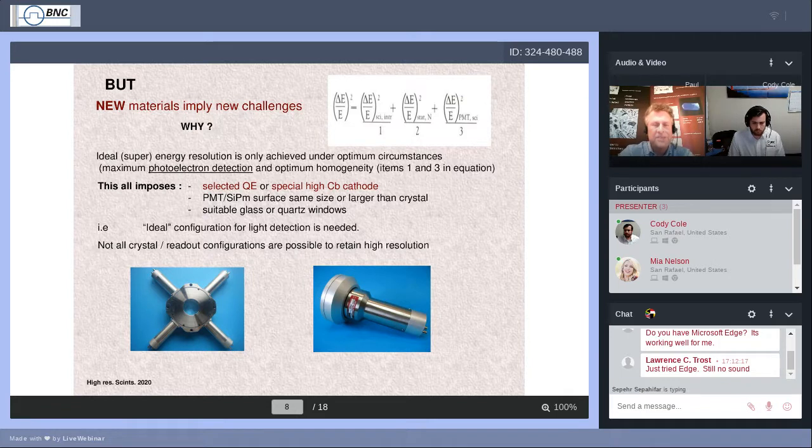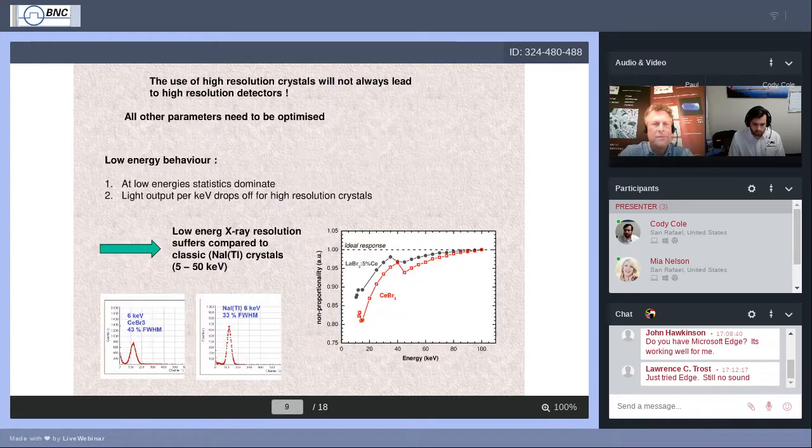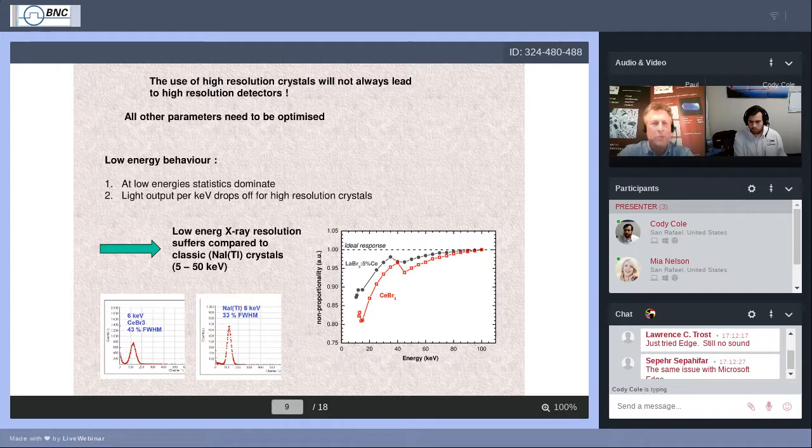In this case, the ideal good energy resolution, 3 or 4%, you cannot really achieve. So the use of high-resolution crystals in an instrument, in a detector, does not always lead to a high-resolution detector. All the other parameters need to be optimized. And that is something that many people don't realize when they want to design new sensors using these fascinating crystals.